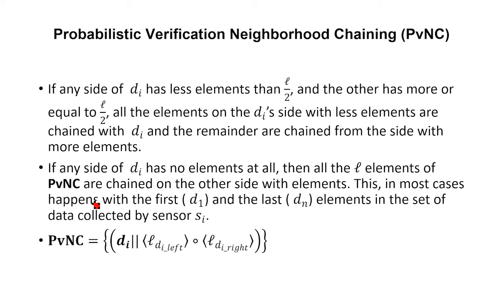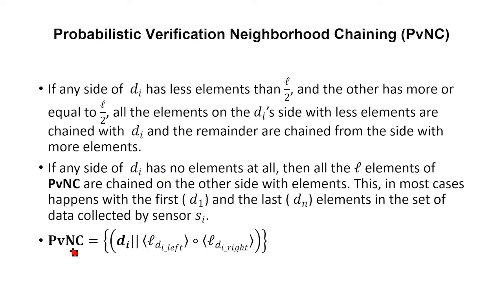Now, if one side of D1 has fewer elements and the other has more, then all the elements on the side with fewer elements are chained with D1, and the remainder are chained from the side with more elements. For example, if you have 7 elements to chain together, 3 will be chained on the left, 4 on the right.